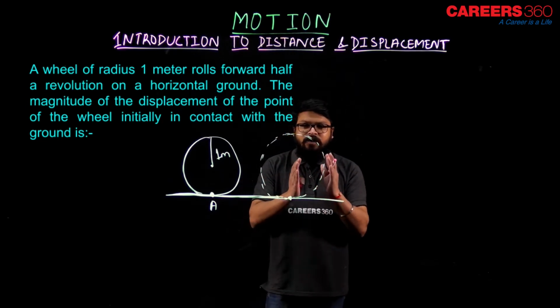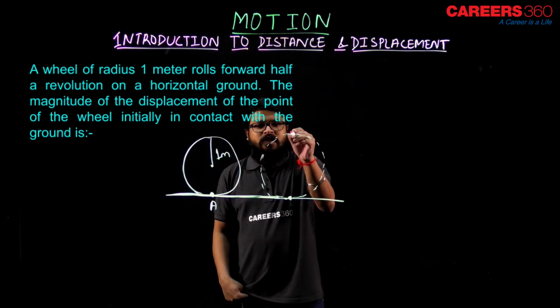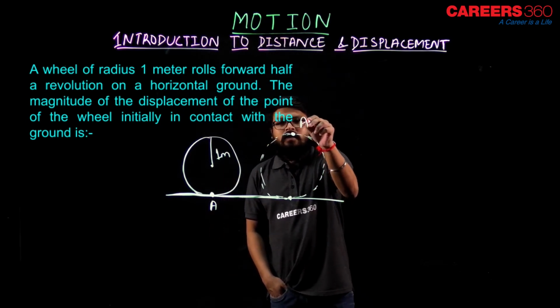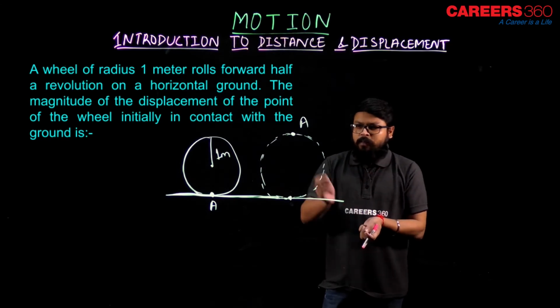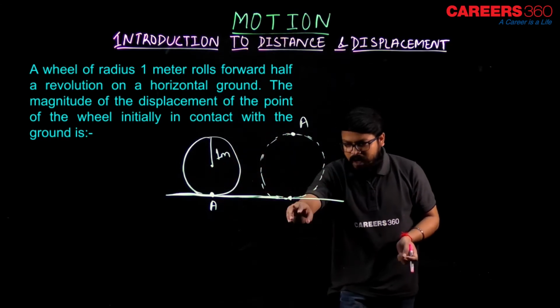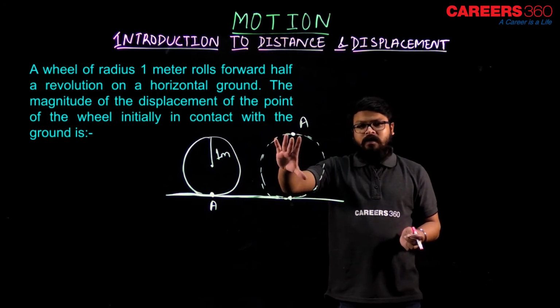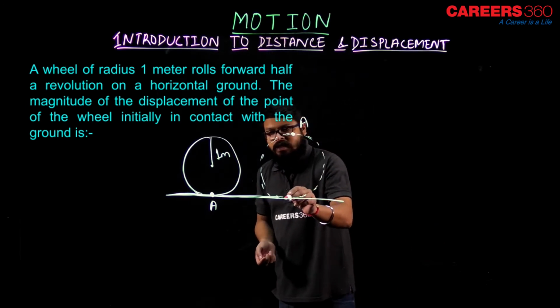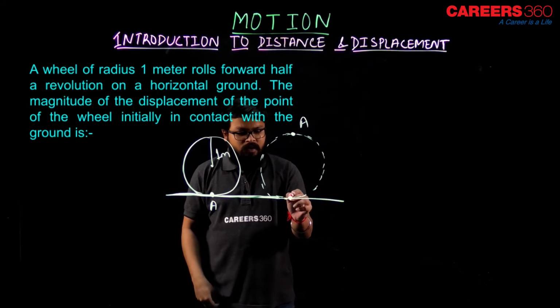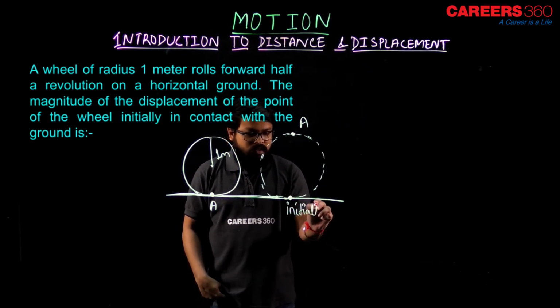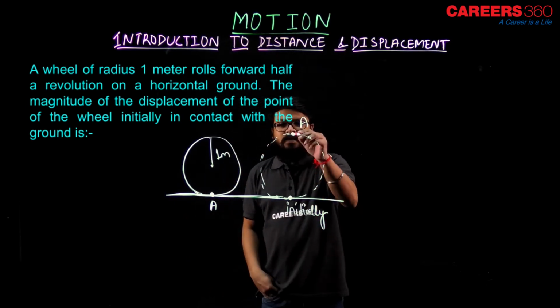But half revolution means it would be somewhere over here. So, this is our point A. If it is full, the point A after revolution would be back in the same position, but it is only half. So, it should be over here. Now, as you can see, initially it was over here, let us write that initially, and this is finally.